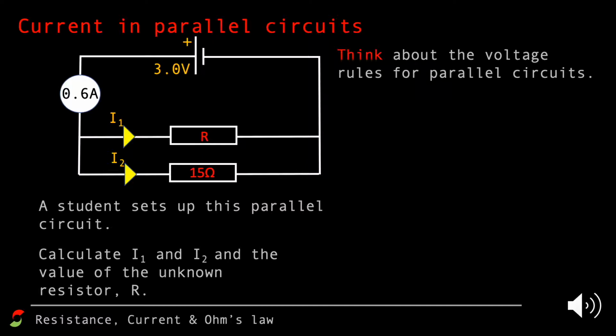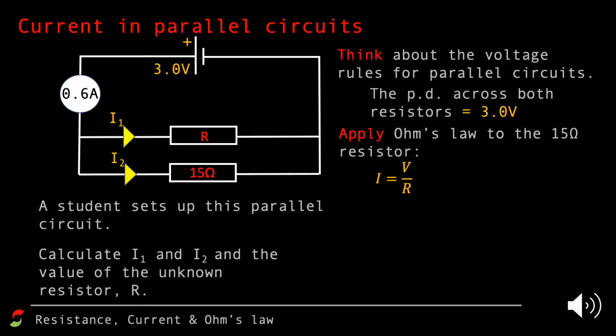So the first thing to do is to think about the voltage rules for parallel circuits. And if we do that, then we can see that both of the potential differences across the resistor R and the 15 ohms is going to be whatever is the voltage or the EMF of the cell is. So the potential difference across both of these resistors is going to be 3 volts. So the first thing that we can do then is apply Ohm's law to the 15 ohm resistor.